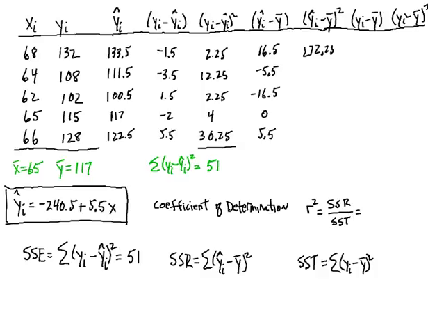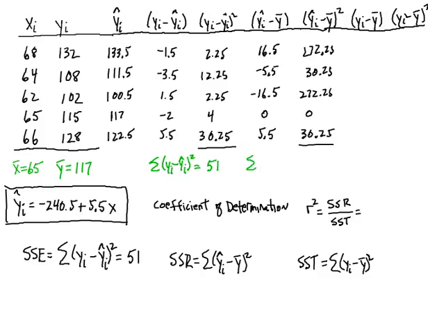And then the negative 5.5 squared is 30.25. And I have another 272.25, a 0, and then another 30.25. At this point, I can go ahead and add these together.